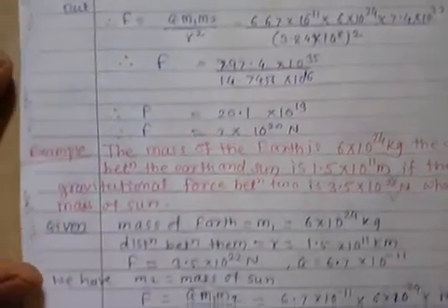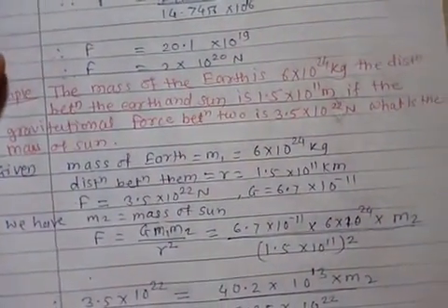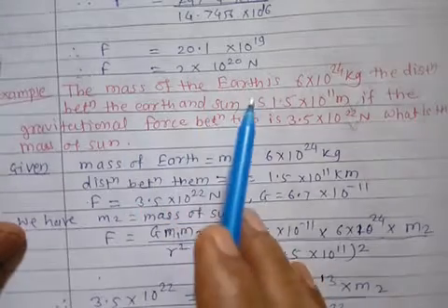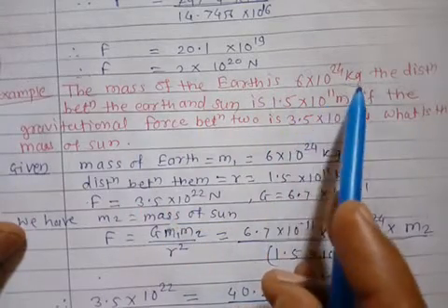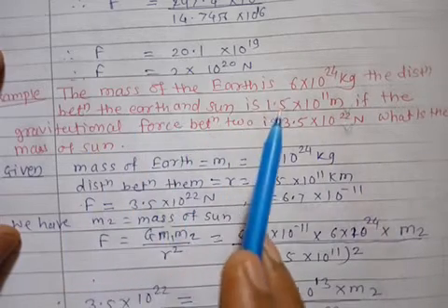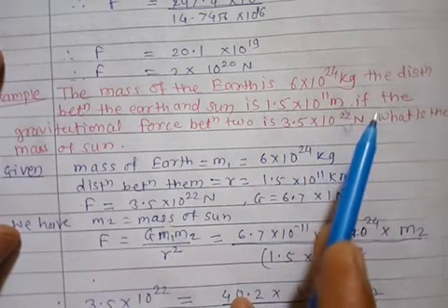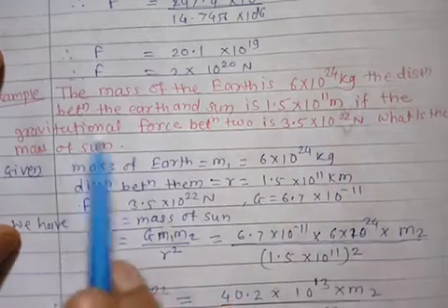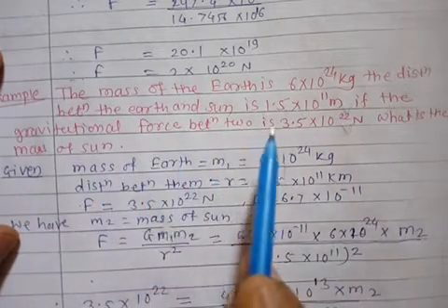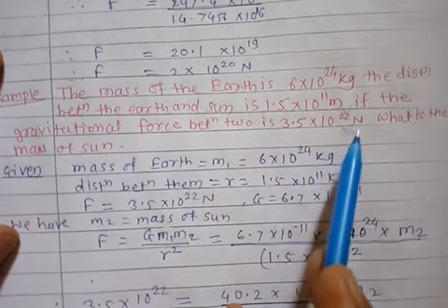That is that example. And the last example of this chapter: the mass of the earth is 6 into 10 raised to 24. The distance between the earth and the sun is 1.5 into 10 raised to 11 meter. The gravitational force between the two is 3.5 into 10 raised to 22 Newton.